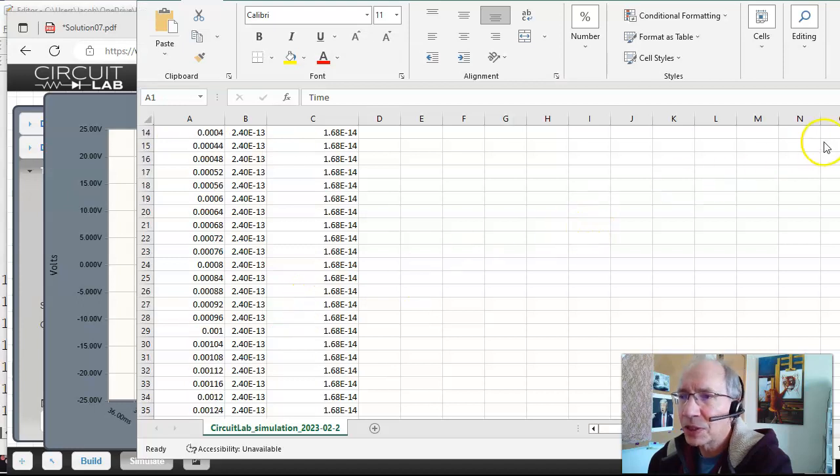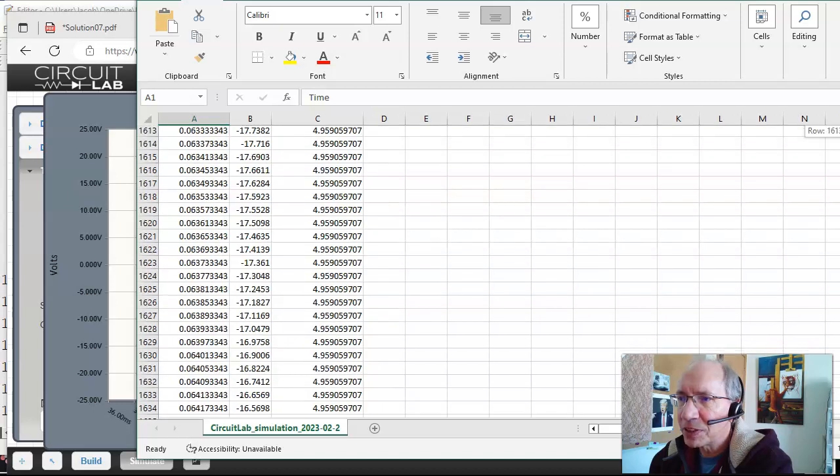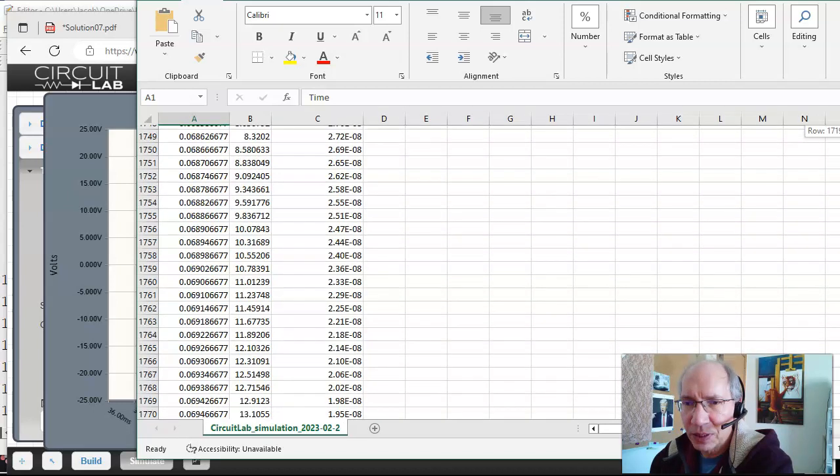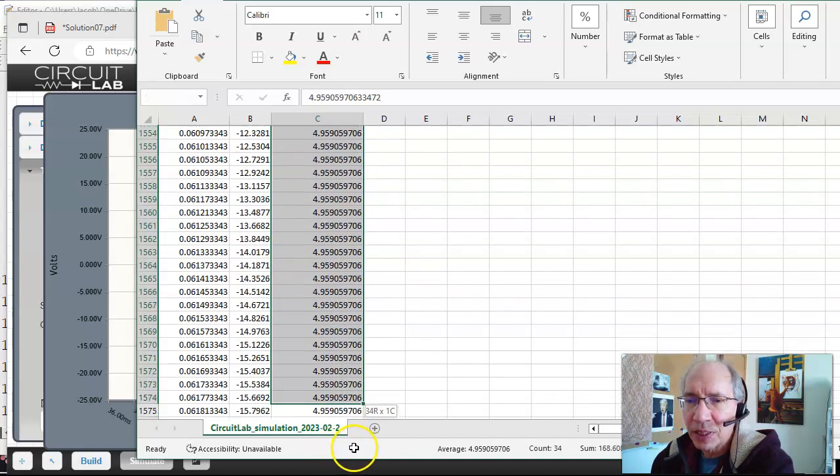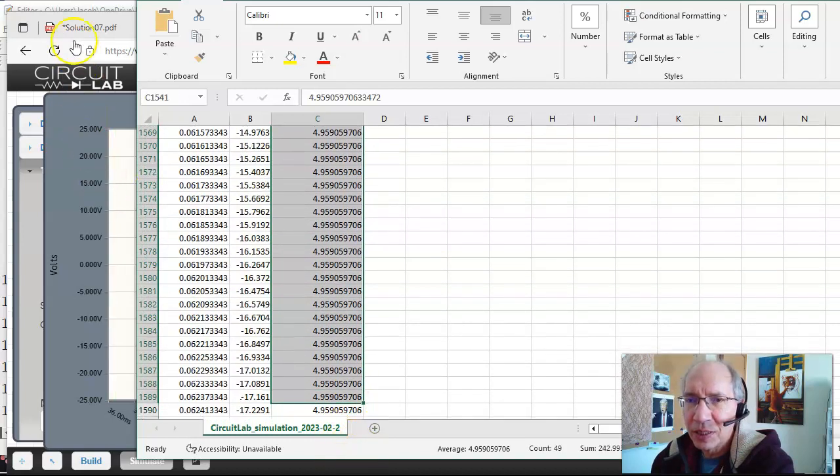So here's all your data, and I want to go from 44 to 65 milliseconds. So scrolling down, here's 75 milliseconds. Anyway, take 44 to 65, copy, paste into MATLAB.